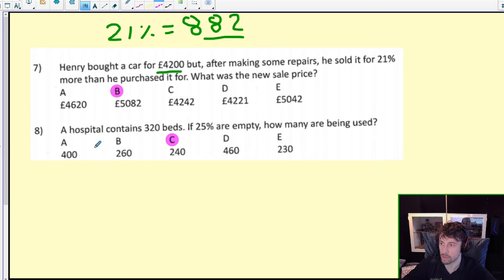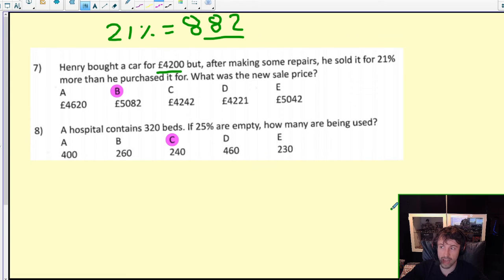Number 8, a hospital contains 320 beds. If 25% are empty, how many are being used? Well, again, that's another way of saying what is 25%. So 25% is going to be 10%, which is 32, plus another 10%, which is another 32, plus half of that, which is 16.